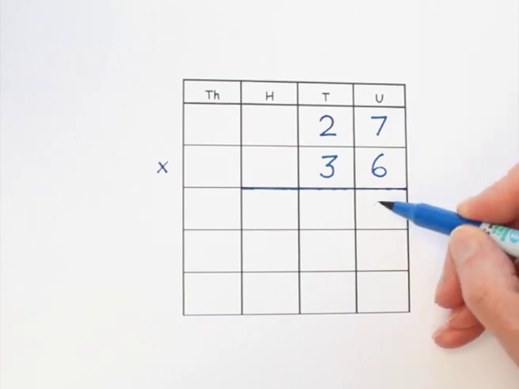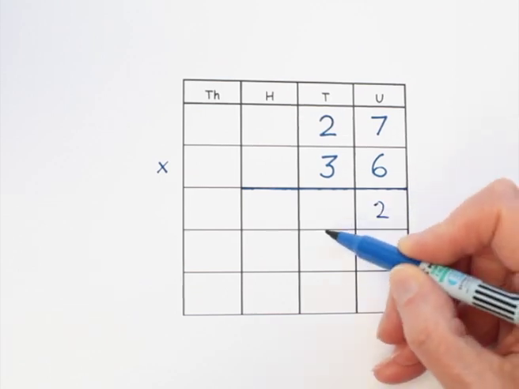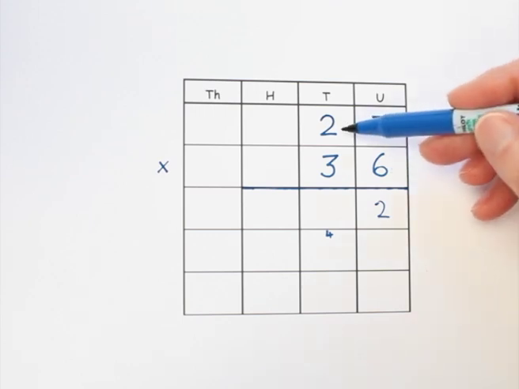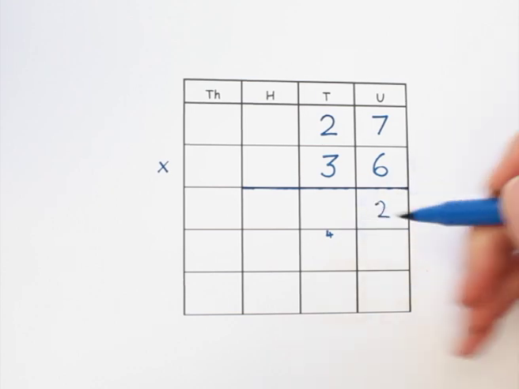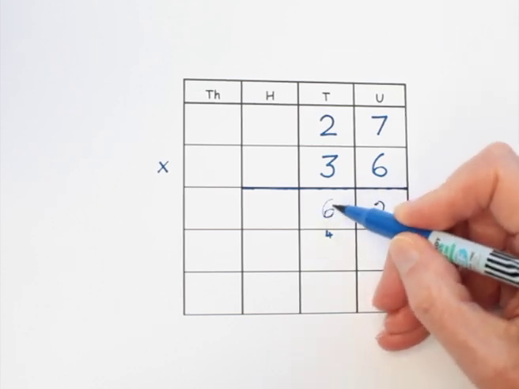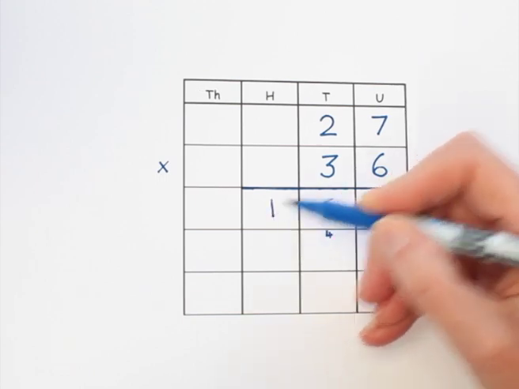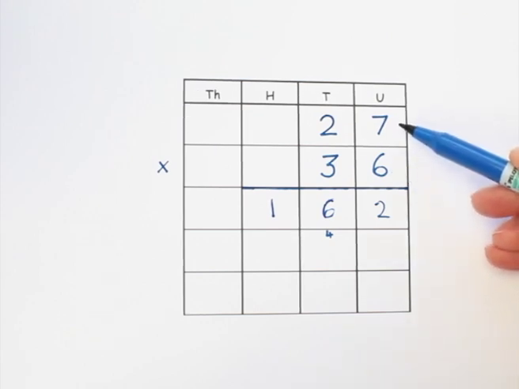Write down the 2 and carry a little 4 into the tens column. 6 2s are 12, plus the little 4 is 16. Write the 6 in the tens column and carry the 1 into the hundreds column and write it there. So that's the answer for 6 times 27.